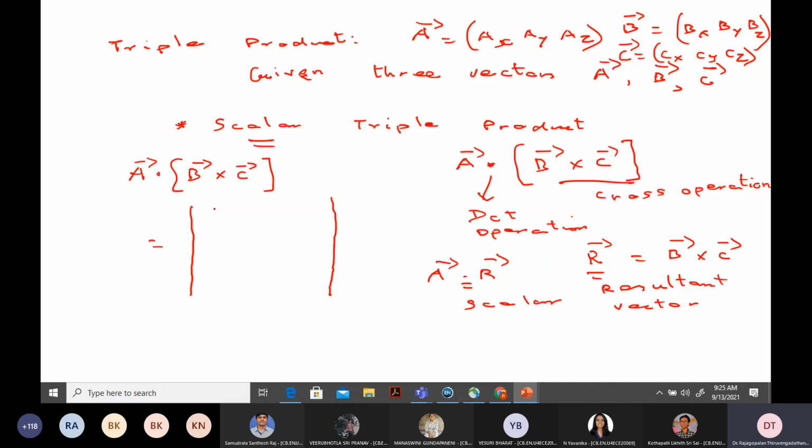So this is a single step solution. Instead of doing two operations where you first find the cross and then take the dot, you do this determinant evaluation, you will get this value. So this is the definition of the scalar triple product.